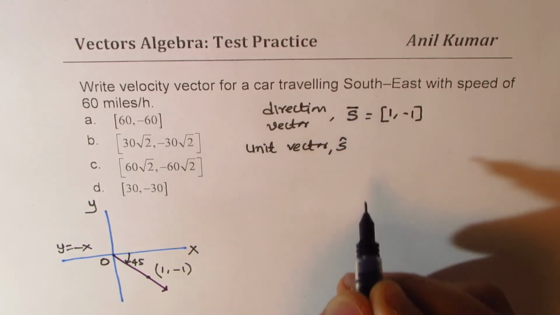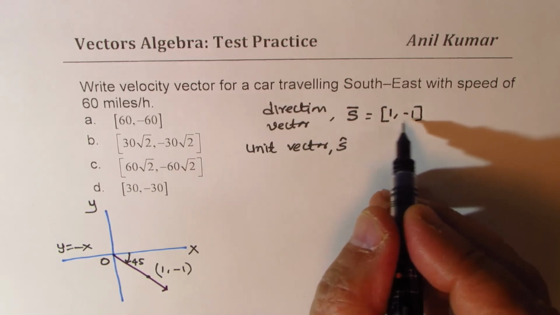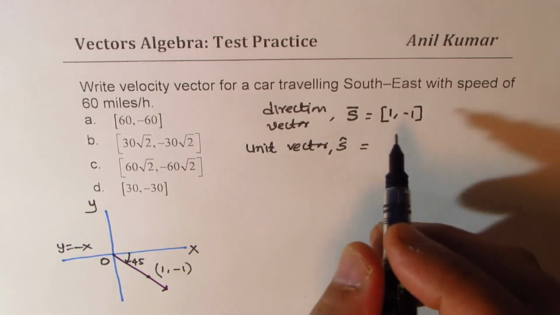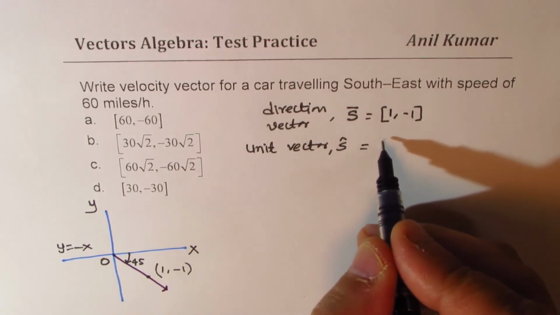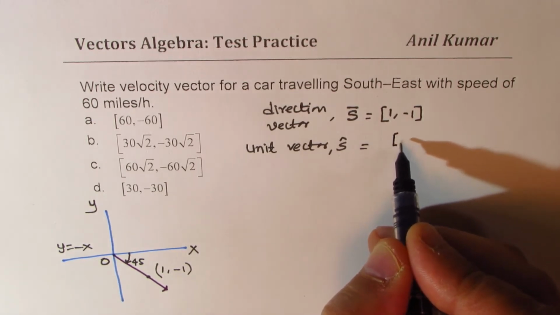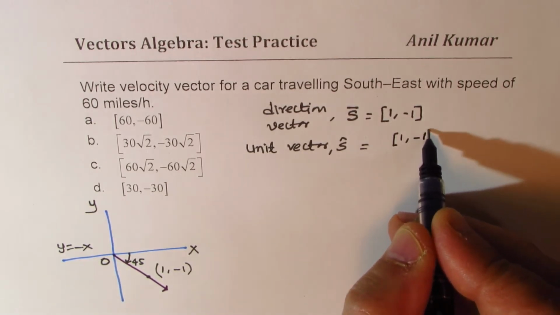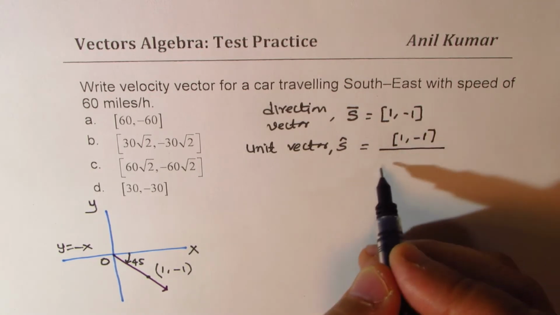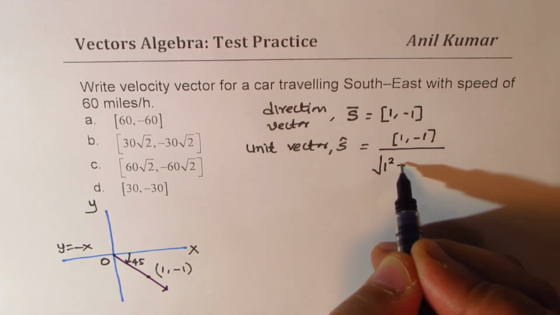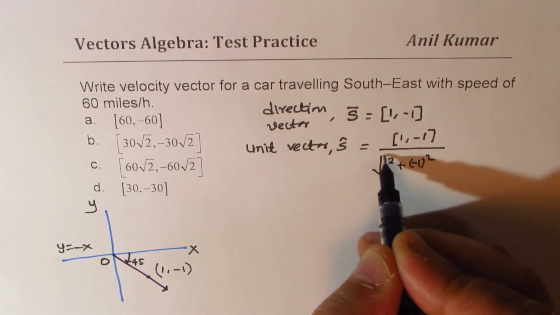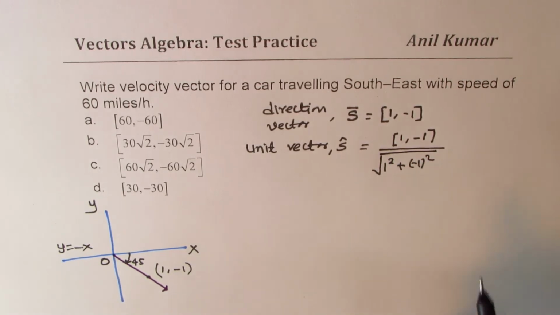this, right? So this is our vector southeast direction, and now the unit vector will be the same vector divided by its magnitude. So the magnitude here is square root of 1 square plus minus 1 square. You get an idea, correct?